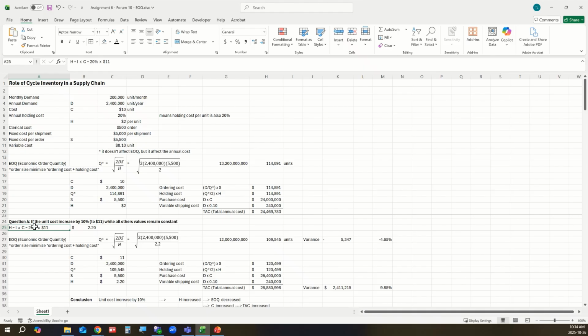So when the holding cost changes, it will affect the order quantity for sure. The holding cost is the denominator, so when it increases, it will lead to the order quantity decreasing. And now the order quantity decreased by 4.65%.